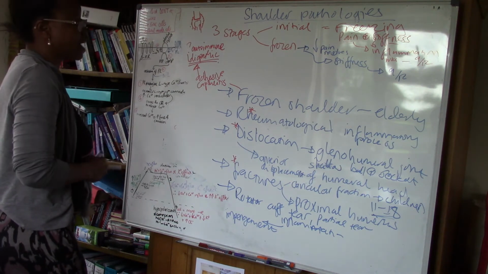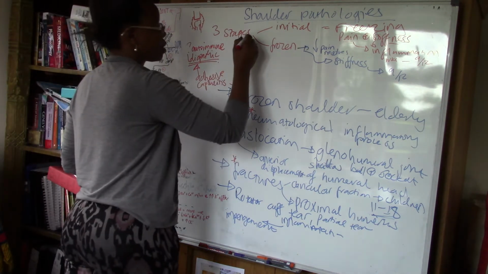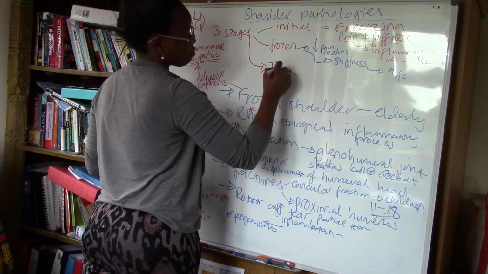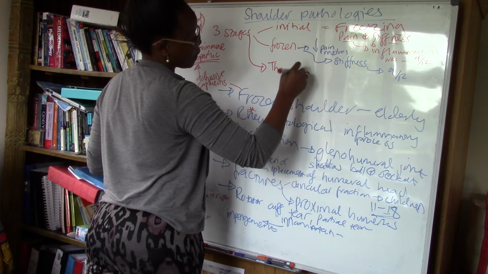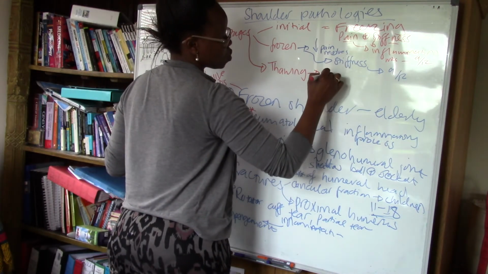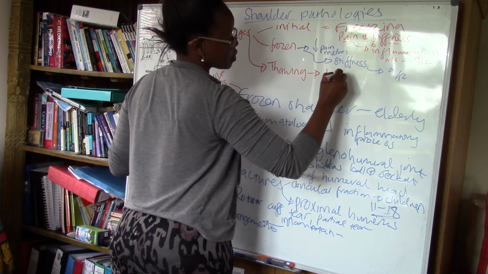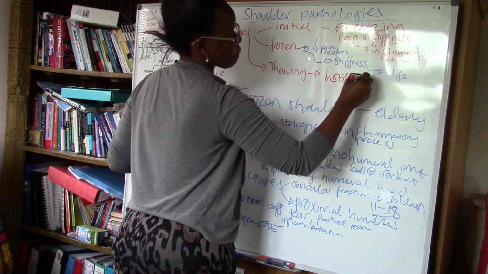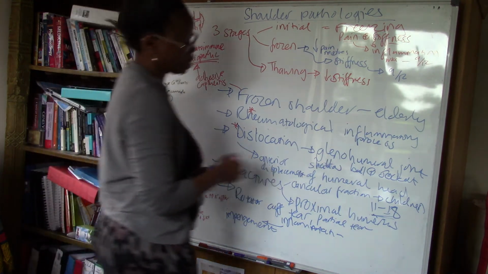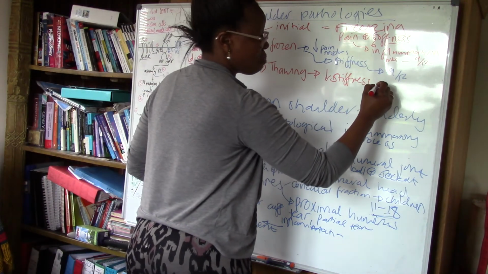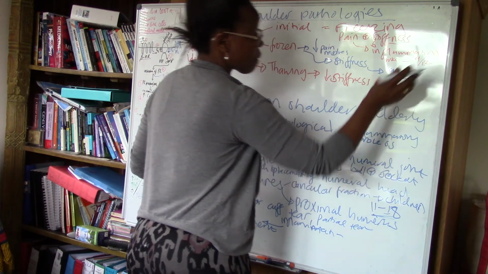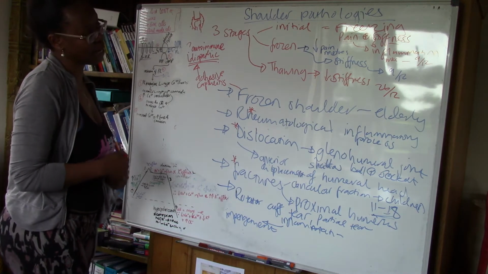And then the final phase of adhesive capsulitis is the thawing phase, where the stiffness also resolves. And obviously when we say resolve, we don't mean that it just happens overnight. So this can last some 26 months while this is all happening.